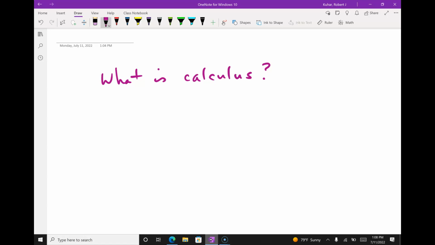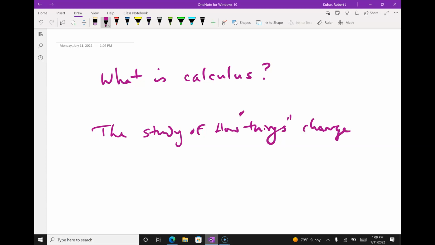Begins with an S, ends with a lope. A slope. Delta y over delta x. So we're talking about the change in y with respect to the change in x, right? So the study of how things change. Right? That's what we're talking about, the study of how things change.